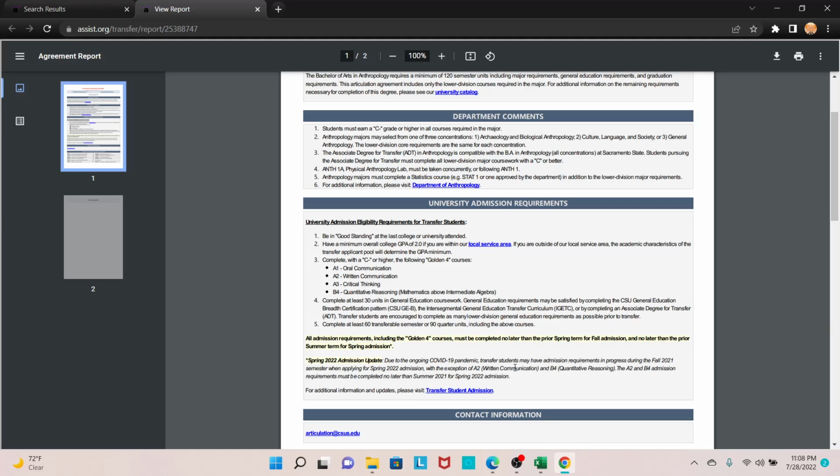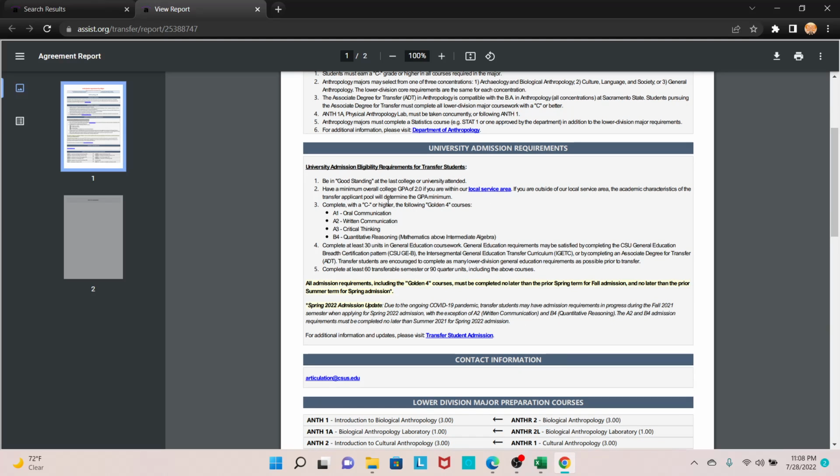Good general information here mentions that you have to complete the Big Four. I'm not sure if that's CSU or UC or if any other schools require this, but basically if you want to come in as a transfer, you have to have at least some units done. For example, oral communication, which on Delta's side is going to be communications; a written communication class, likely English 1A, English 1B; critical thinking, which I believe would be under English 1B, English 1D, intro to logic; and quantitative reasoning, which is math above intermediate algebra.